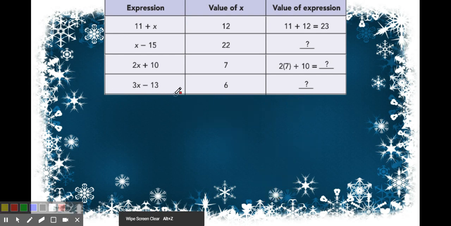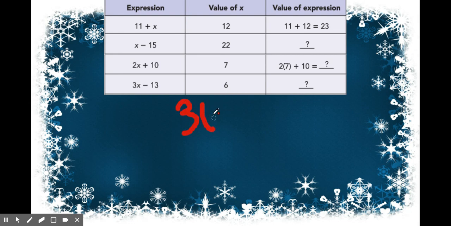And then we have 3x minus 13. I know that x is 6. So instead of 3 times x, I have 3 times 6 minus 13. So that gives me 18 minus 13, which gives me 5.